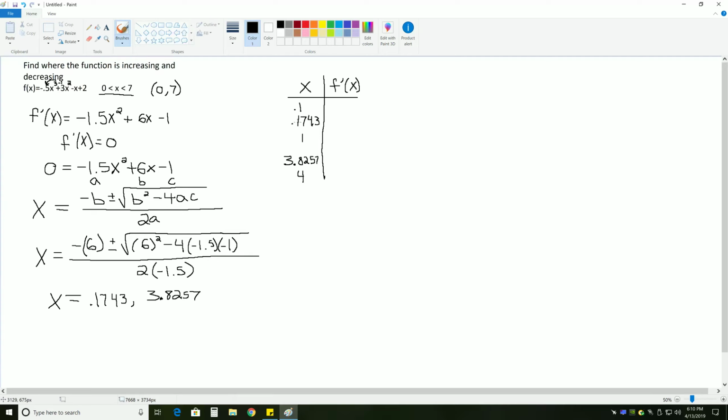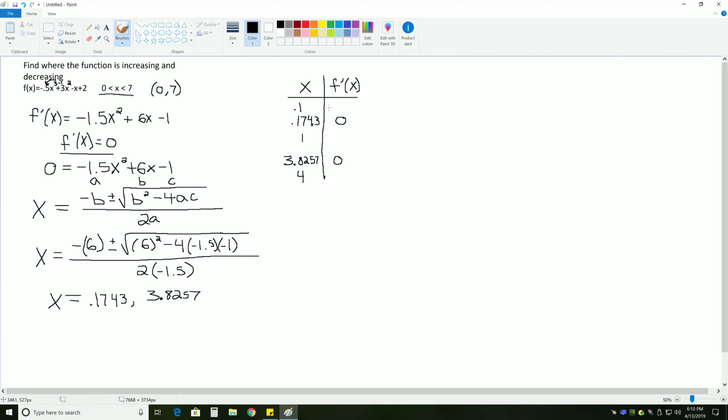So we know when we plug in 0.1743, our first derivative will be 0, because we said it's one of the values that causes the first derivative to equal 0 when we plug it in. Back over here. And 3.8257 has the exact same result. So now let's check 0.1.